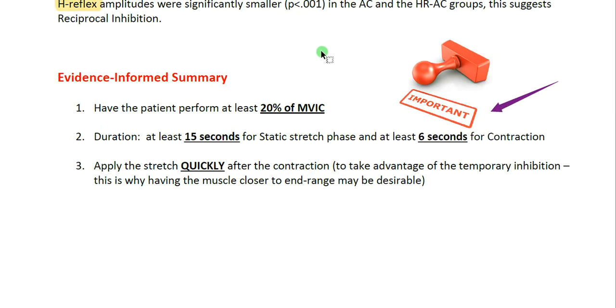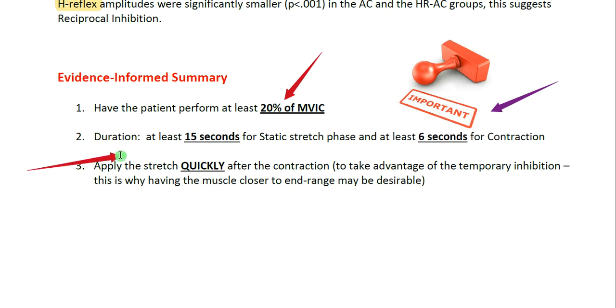So what I have here, I think will be really important, a nice summary of what the research says about this. I think 20% MVIC is a sufficient amount to elicit a contraction of the muscle and to cause the necessary inhibition or relaxation or change in stretch tolerance.